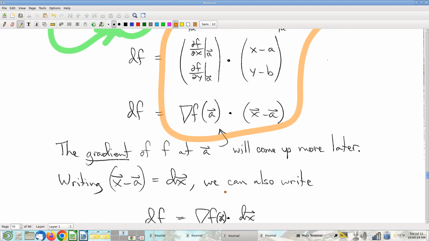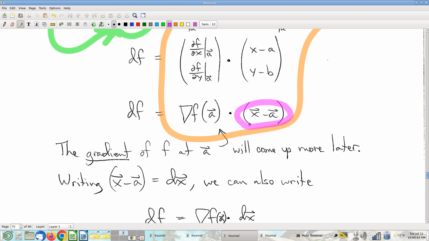And now let's think about what I have over here on the right-hand side. This x minus a vector is the change in the input to the function. I was at the point A. I've moved over now to the point x. It's in the process of moving from A to x that I want to ask these questions about f. How much did f change? What's the linear estimate?